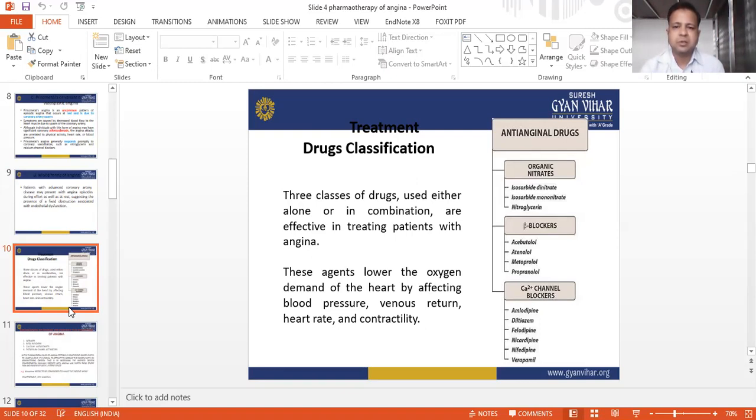Third class of drugs are calcium channel blockers: examples are amlodipine, diltiazem, felodipine, nicardipine, nifedipine, and verapamil.